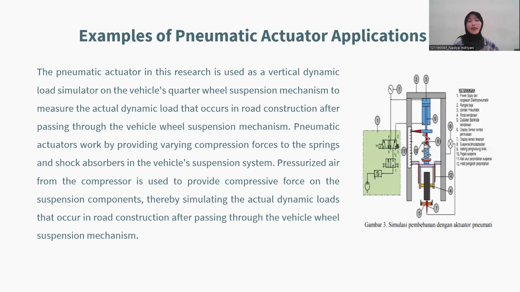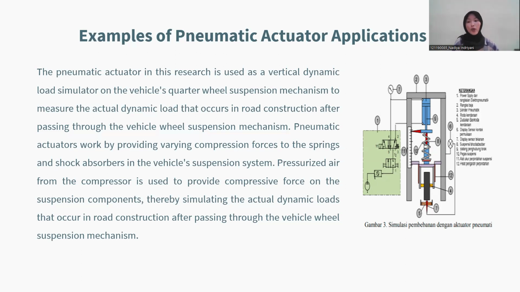Example of pneumatic actuator application. The pneumatic actuator in this research is used as a vertical dynamic load simulator on the vehicle quarter wheel suspension mechanism to measure the actual dynamic load that occurs in road transition after passing through the vehicle wheel suspension machine.